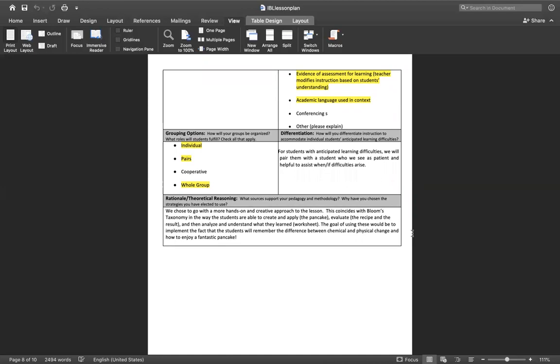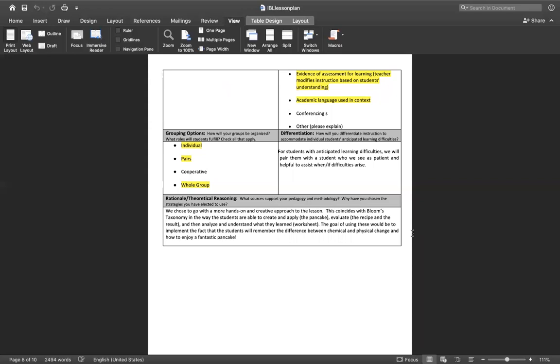We chose pairs because for students with anticipated learning difficulties, we will pair them with a student who we see as patient and helpful to assist if there are any difficulties that arise. And then whole group for the discussions that we have after we make the pancakes and we're talking about everything.